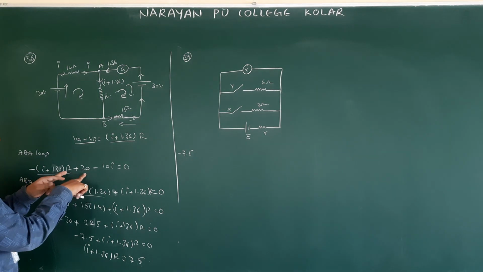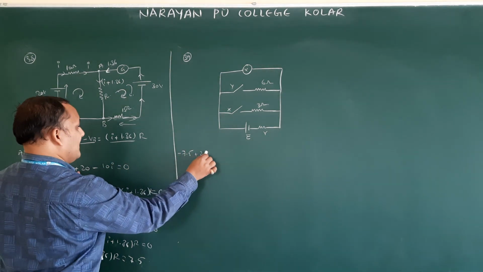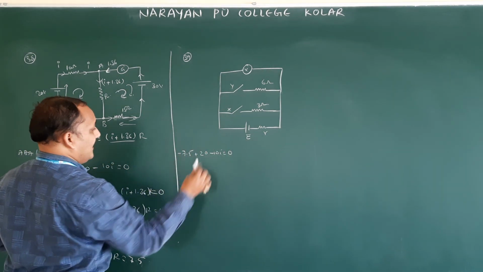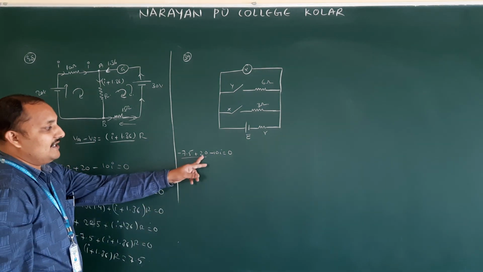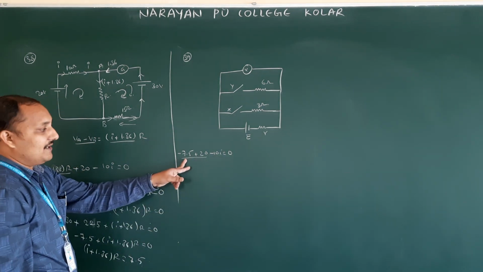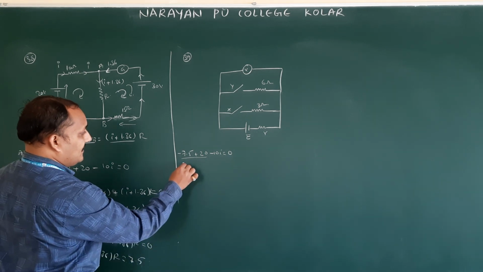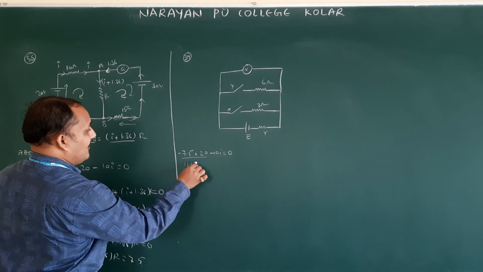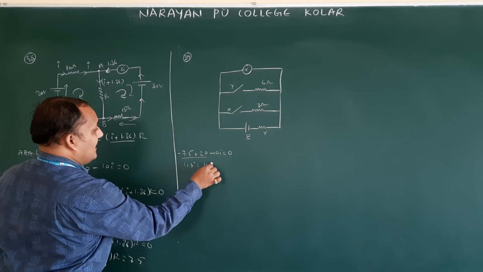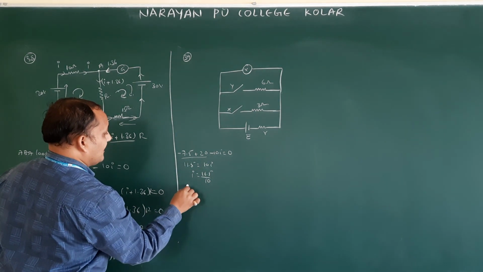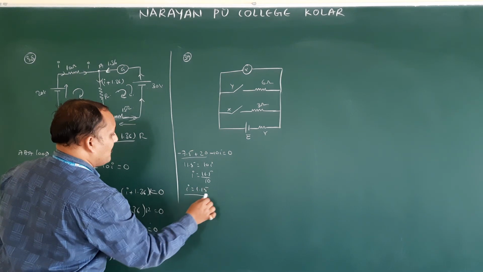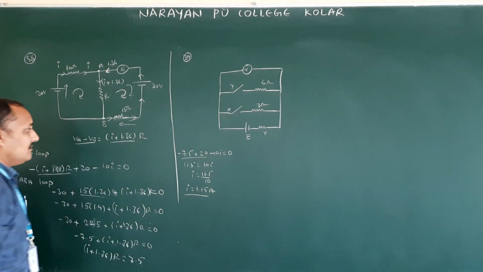Almost we are doing this for minus 7.5 plus 20 minus 10 I is equal to 0. So 20 minus 7.5, 20 minus 8, almost 11.5 you will get. Isn't it? So 11.5 is equal to 10 I. So I is equal to 11.5 by 10. I is equal to 1.15 amperes.